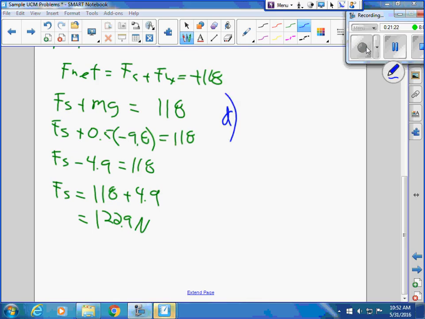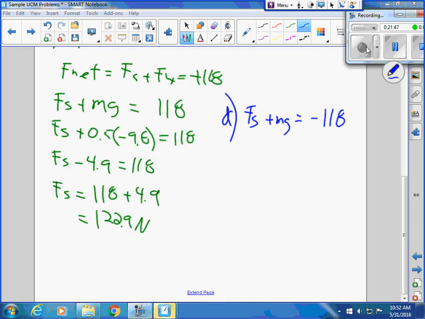Exactly the same thing, exactly the same logic. The only difference is at the top, that net force is down. So you're going to have the string force plus mass times gravity is equal to minus 118. At the top, in blue here, the overall net force is minus 118.